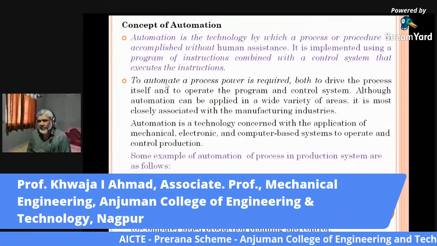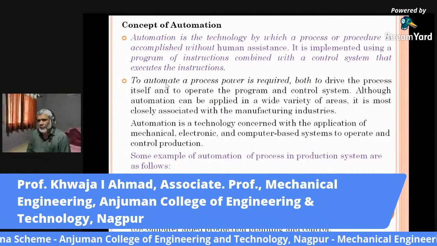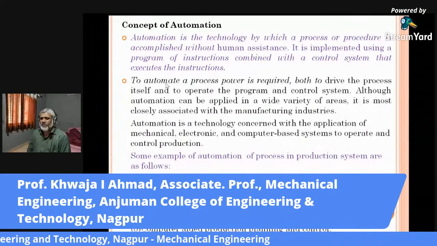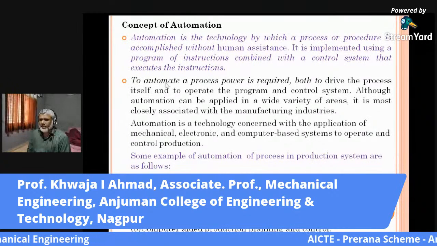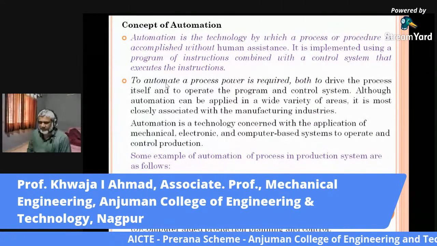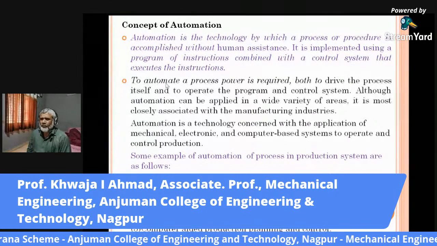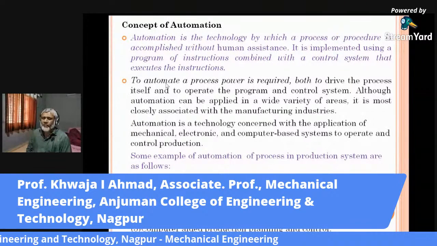So first we will try to understand what is an automation. Automation is the technology by which a process or procedure is accomplished without human assistance. It is implemented using a program of instructions combined with a control system that executes the instruction. Means here the involvement of the human operator is just on a supervisory level, we may say.